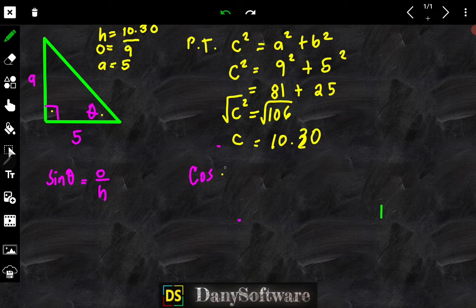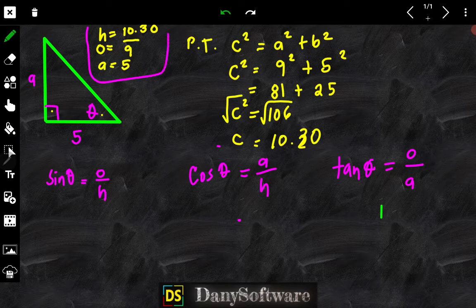Cosine theta is equals to adjacent over hypotenuse. And then TOA is tangent theta is equals to opposite over adjacent. Okay? O, alam na natin. Andito naman na yung ano natin kasi na-identify na natin yung hypotenuse, opposite, tsaka adjacent. All we have to do is just substitute.